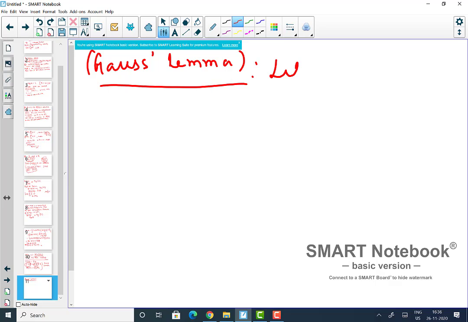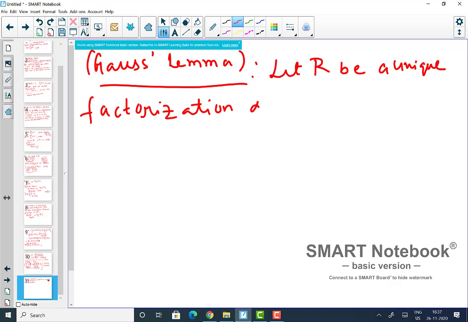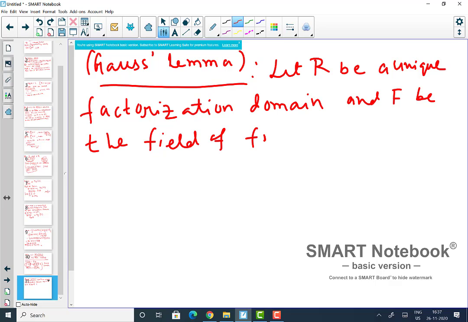Let R be a unique factorization domain, and F be the field of fractions of R. What does that mean?